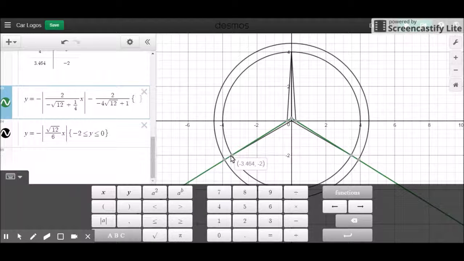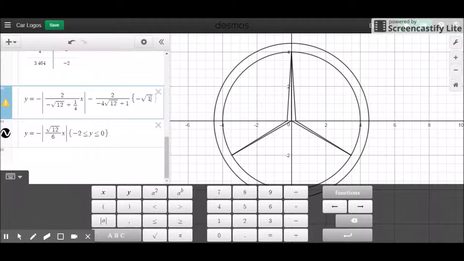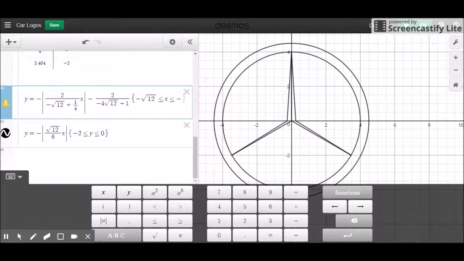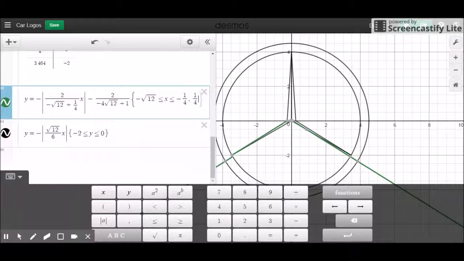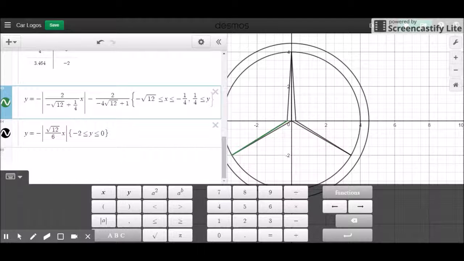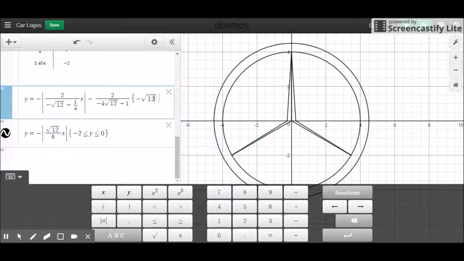Okay, I forgot what this point is. We found it, I believe. Let me look that up. It's negative square root of 12. Well, that's true, though. We could have used y boundaries, why did I not think of that?